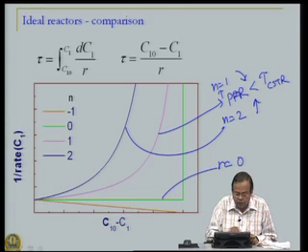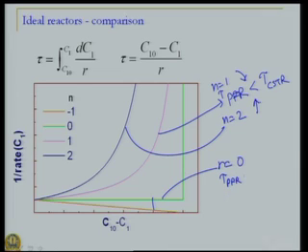Now, if the curve is flat, the area under the curve and the area of the rectangle will be the same, or in other words, tau PFR is the same as tau CSTR. That is, both plug flow reactor and stirred tank reactor will perform equally well.